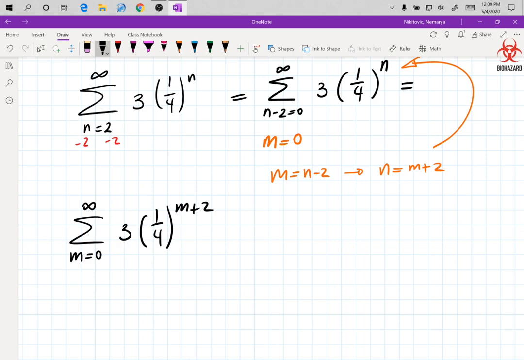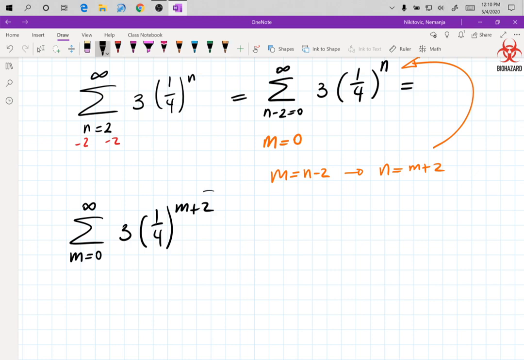Hashtag u sub in calculus, right? You have to change all of your x's to u's and dx into du in order to do the u sub. Over here, if you are switching this n into an m, then you have to switch all of them, right? We'll see. For power series, it's going to be c m plus 2, and it's going to be x to the m plus 2, right? So all of them switch.